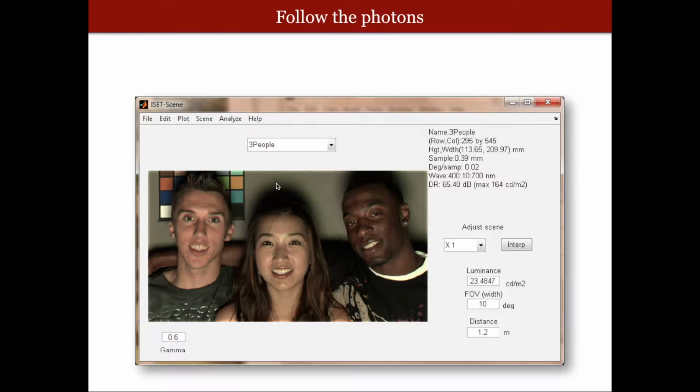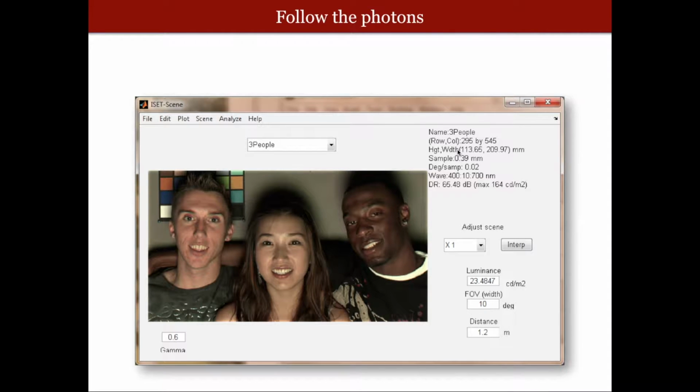And this is a little picture that you might imagine sitting on your display screen over here. It's about 1.2 meters from you, and in this simulation, and only 10 degrees across, so it's pretty small. 10 degrees is about the width of your fist at arm's length. This is the number of samples we have, some more description of it over here.